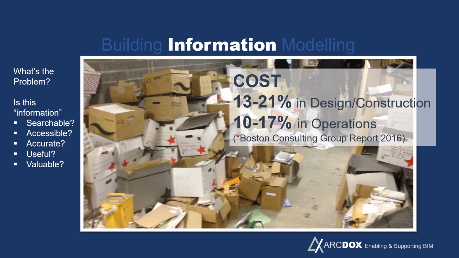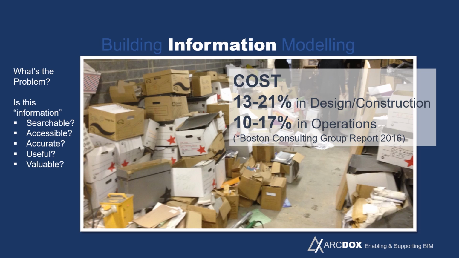So there's an excellent study done in 2016 by the Boston Consulting Group, who consult to the World Economic Forum, and they determined that working with this analog type of information is adding about 13 to 21% to the cost in design and construction phase of assets, and about 10 to 17% of the costs every year in the operational phase of assets.